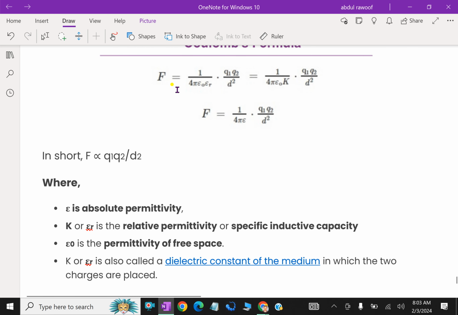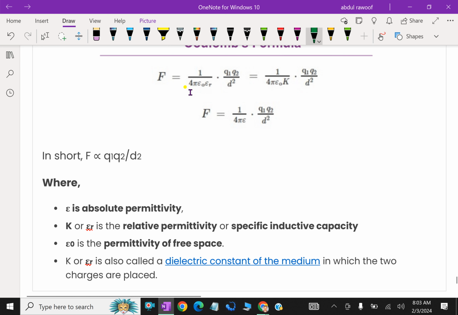Here F is equal to 1 over 4 pi epsilon 0 into epsilon r, where epsilon 0 is the permeability constant for vacuum and epsilon r is relative permeability, into Q1 and Q2 over D square.